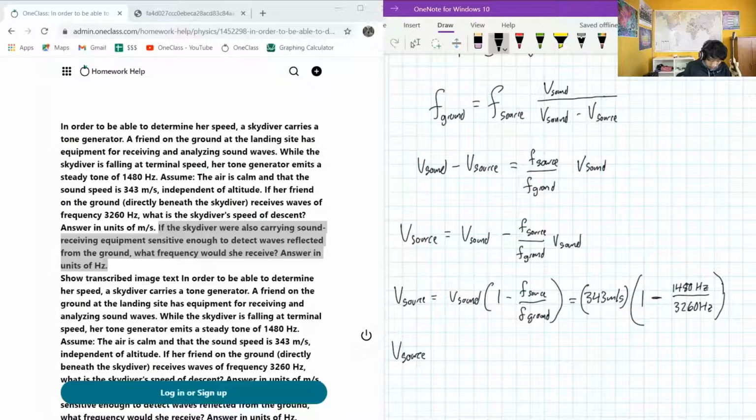1 minus 1480 over 3260 times 343. And my calculation for this is 187 meters per second.